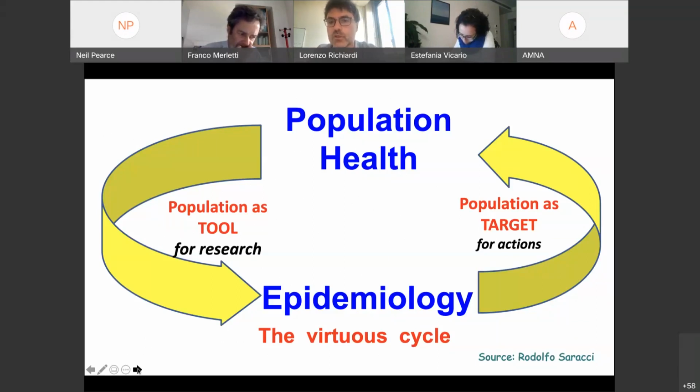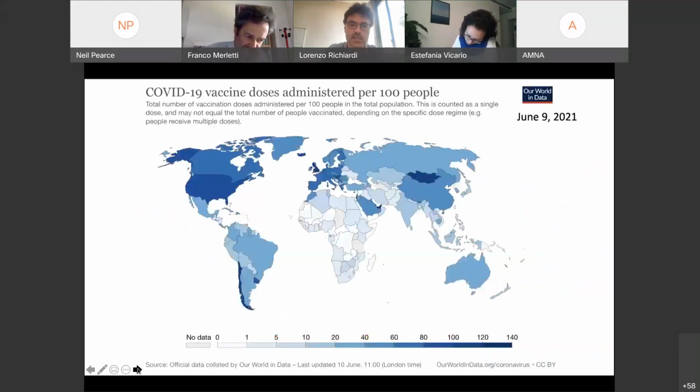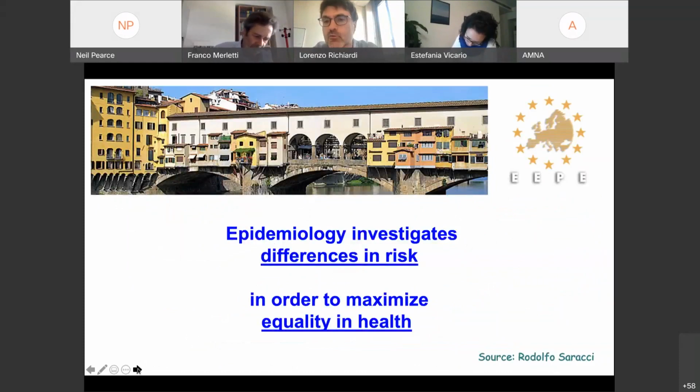We really have to take this into account. What we do is to use the differences in risk that we have naturally in the populations, but the aim is to intervene on these differences and try to maximize equality in health. And you will see many examples, as I already said, of this virtuous cycle that really characterizes epidemiology.